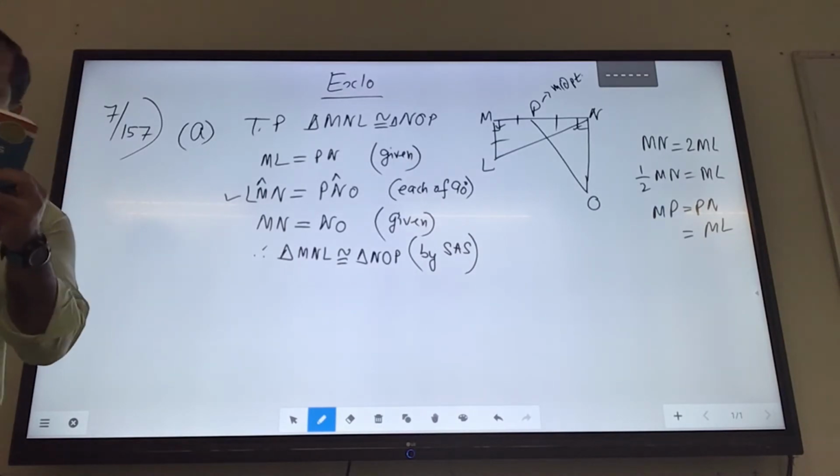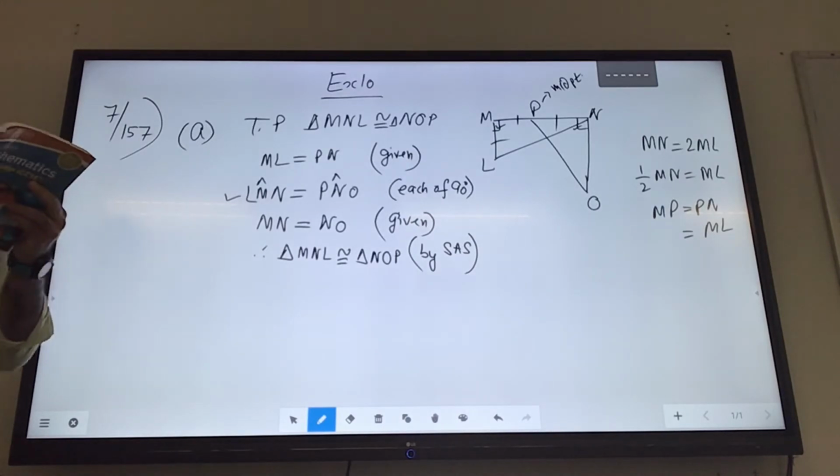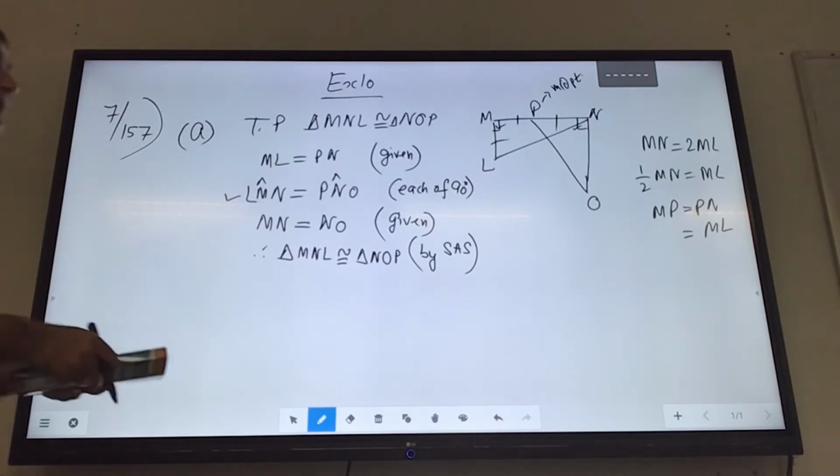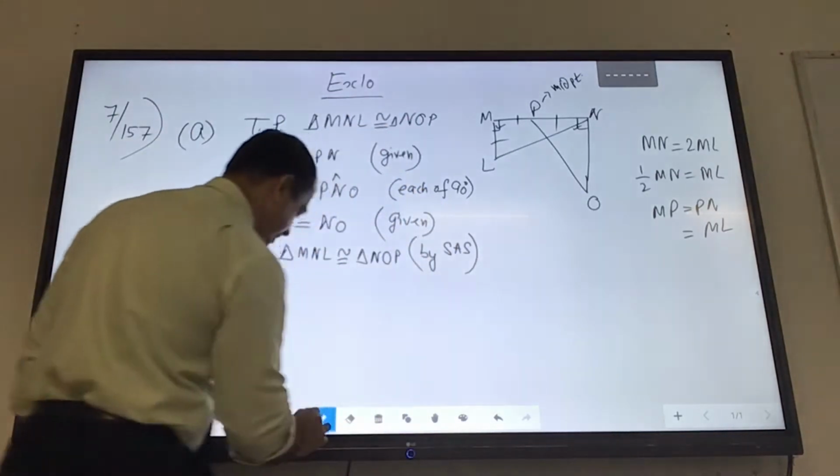Now students, coming to B part. In the B part, we have to prove that angle OPN, see here, I change color.